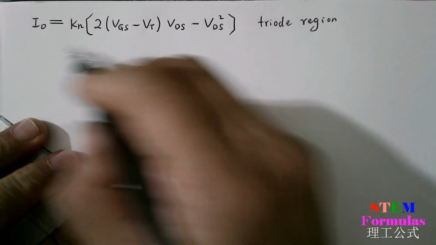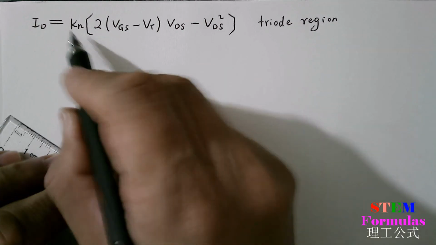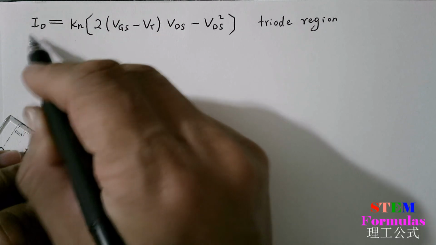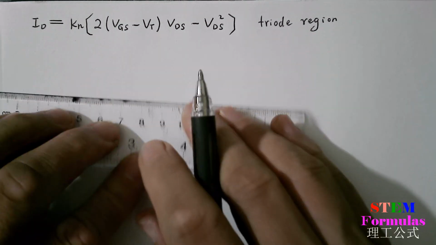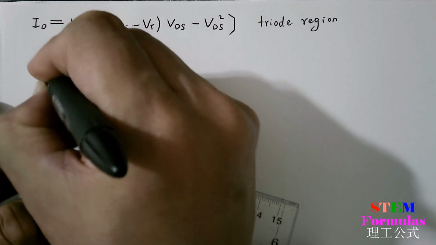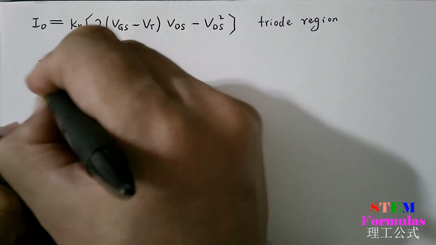Now, in order to make life simple, I move this Kn to the left side. So I write it this way: ID divided by Kn.